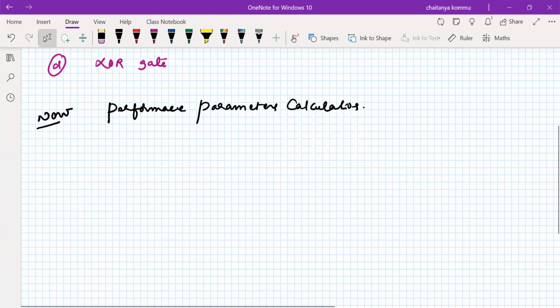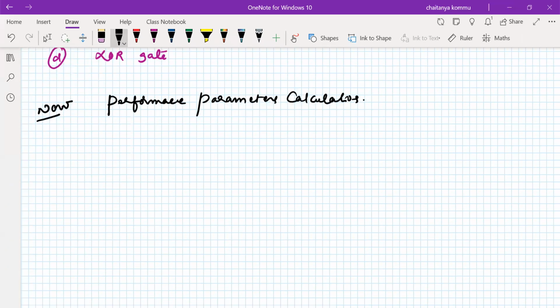For example, I have an inverter like this, with a 4:1 ratio for one transistor and a 1:1 ratio for the other, input A and output Y.